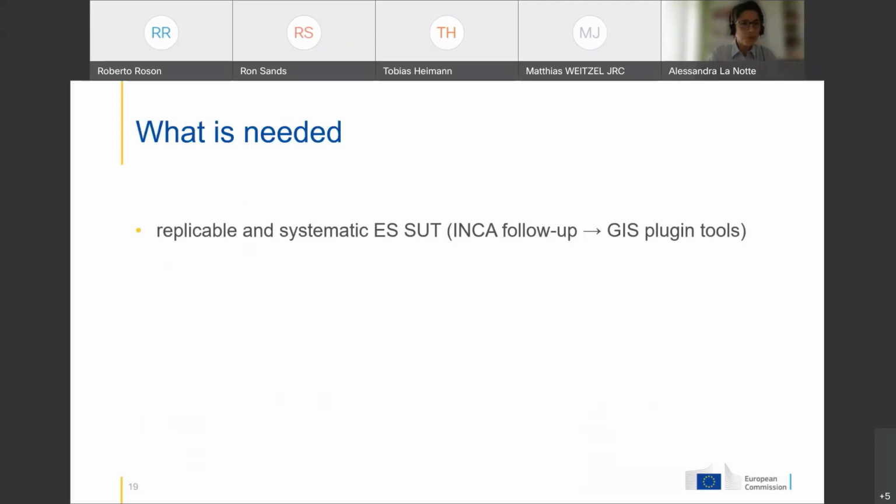During this phase, knowledge is being transferred to a contractor that is creating GIS plugin tools that allow replicating all the models we have been using in INCA. So it is possible. Anyone can use this GIS tool to replicate the models.